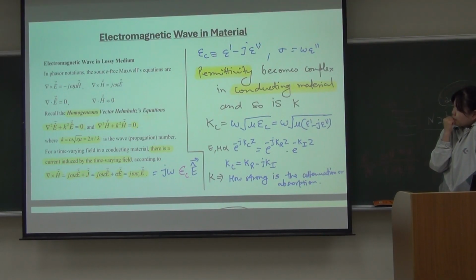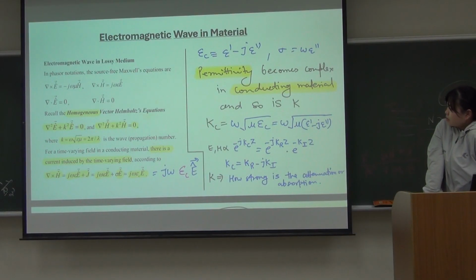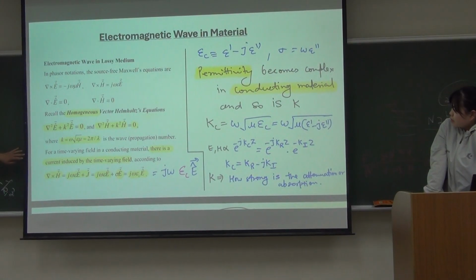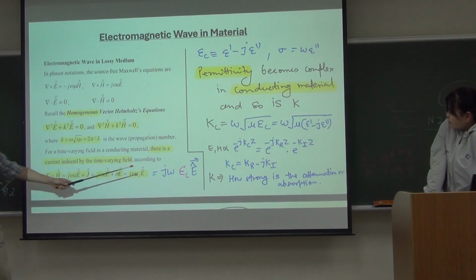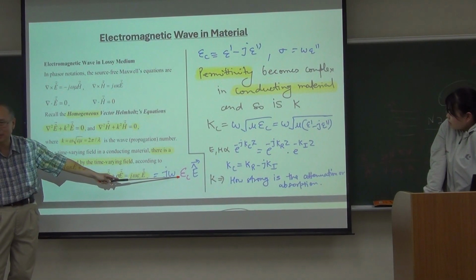Now you have exponential minus j, k real part, z, minus k imaginary part z. You have an attenuation term in the expression. Okay, so this is a consequence that you have a complex permittivity.